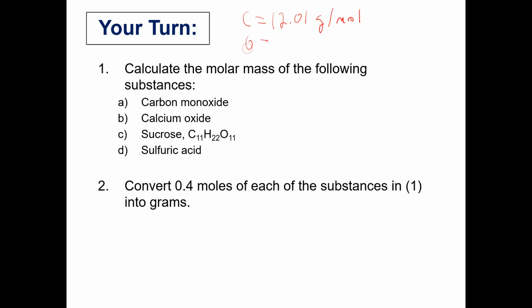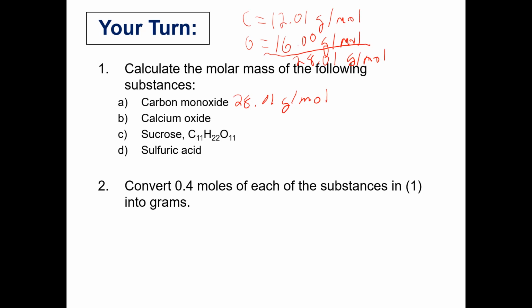And oxygen, if you look up the molar mass of oxygen, it comes out to 16 grams per mole. So if we add that together, we get 28.01 grams per mole. So carbon monoxide has a molar mass of 28.01 grams per mole.